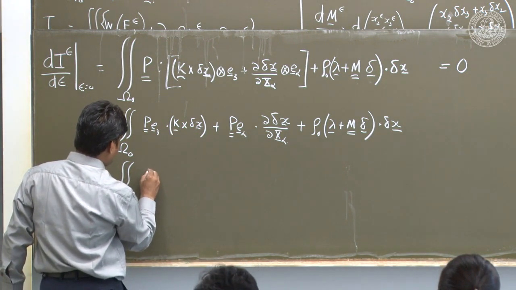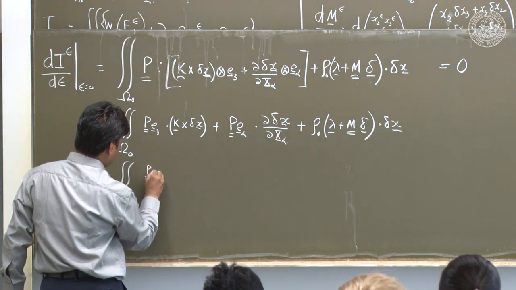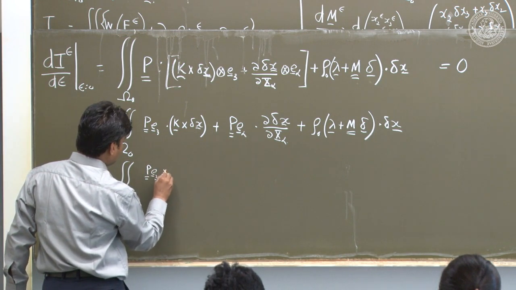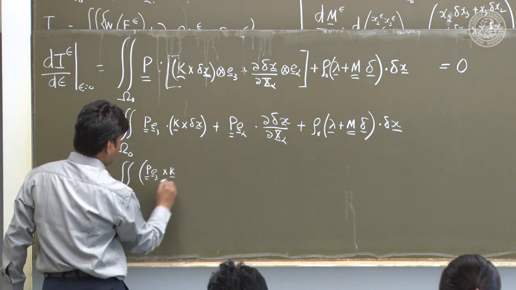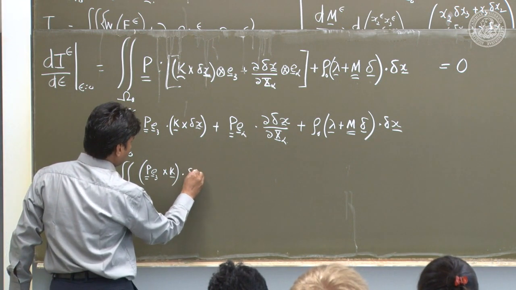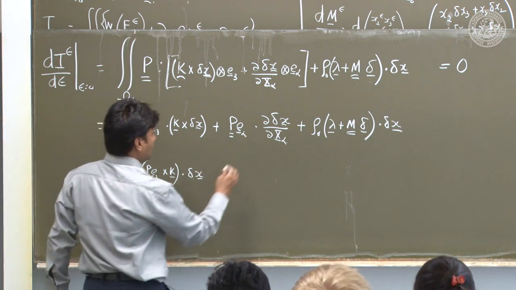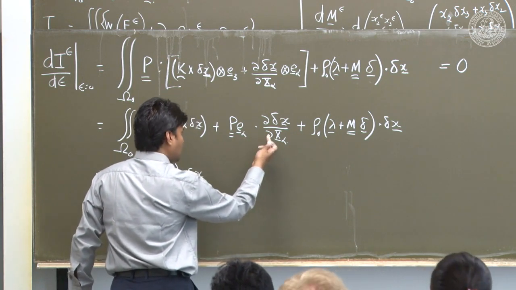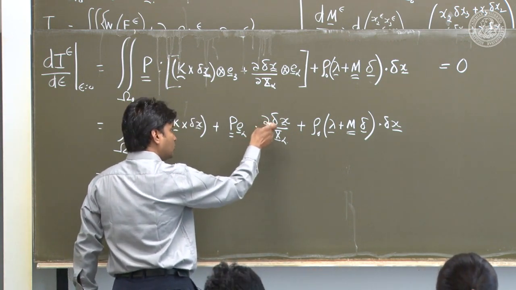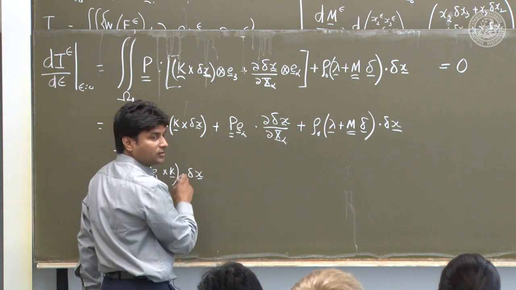So this is same as P E3 cross K dot del x, right. And this is the term where you want to do integration by parts, you want to bring this derivative on the other side.